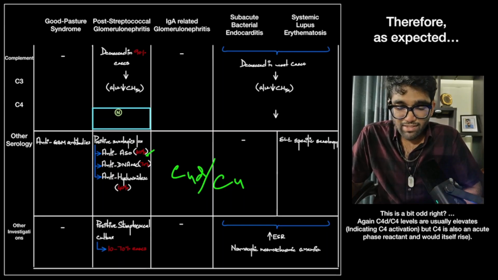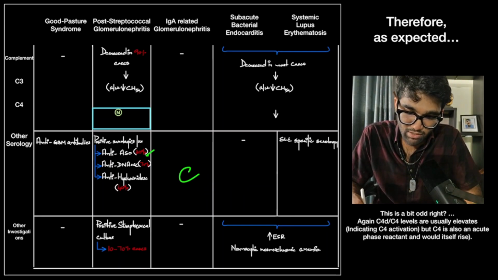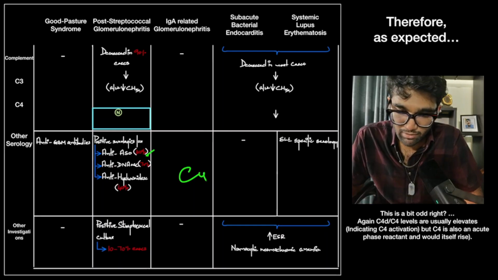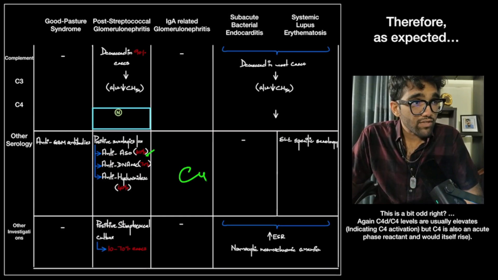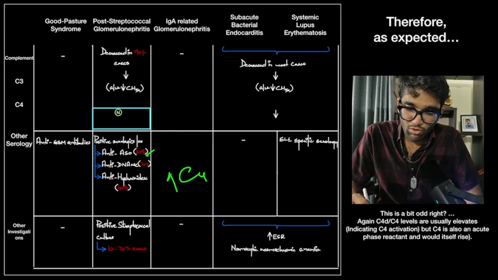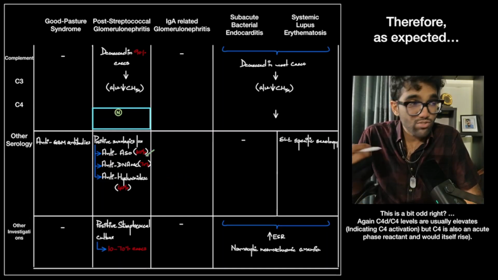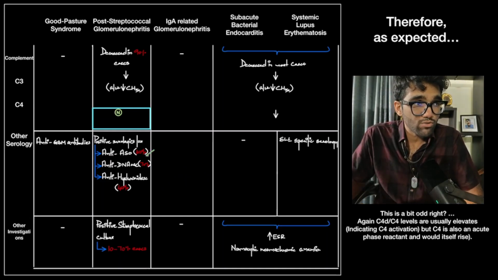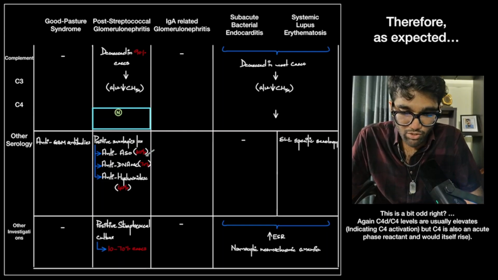The reason is that C4 and C3 are both acute phase reactants, produced by the liver during acute inflammation in response to interleukin 6, interleukin 1 beta, and TNF alpha. Because of that, the serum levels of C4 increase a lot, and because they increase a lot, the increased usage, or increased catabolism, of C4 does not result in a reduction in your C4 levels.